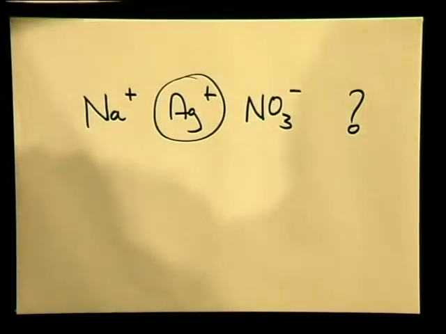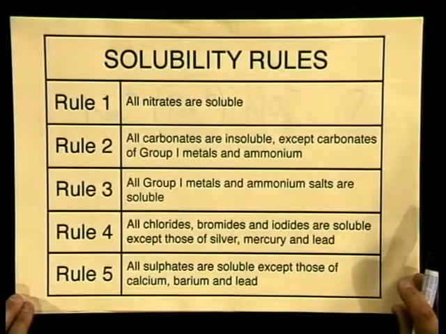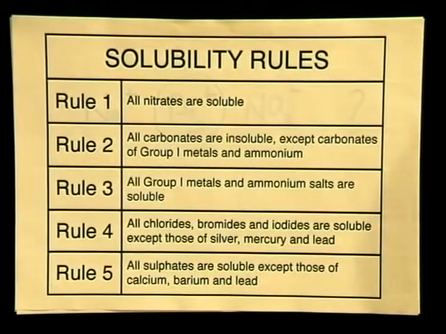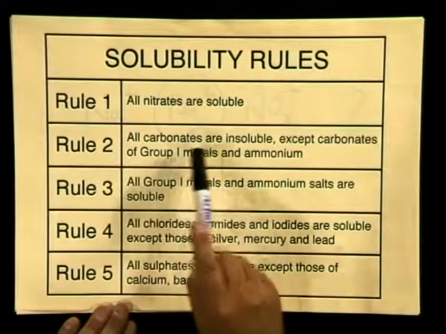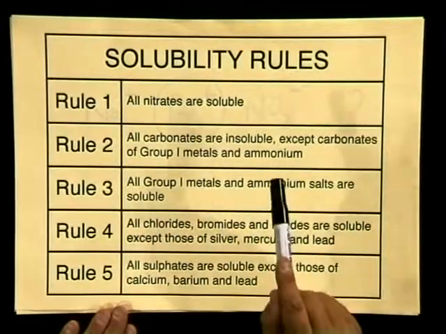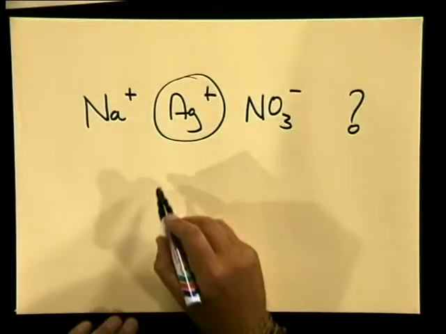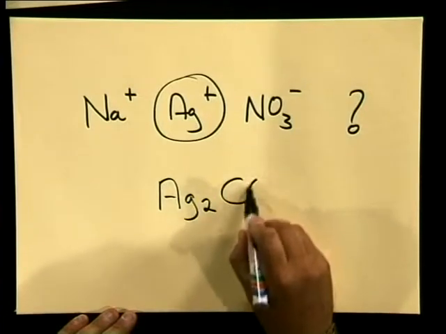Now let's check the table again. What silver salts are insoluble apart from the halides? Well, it must be silver carbonate, because if we look at rule number 2, all carbonates are insoluble except carbonates of group 1 metals and ammonium. So that will confirm that it must be silver carbonate, whose formula is Ag2CO3.